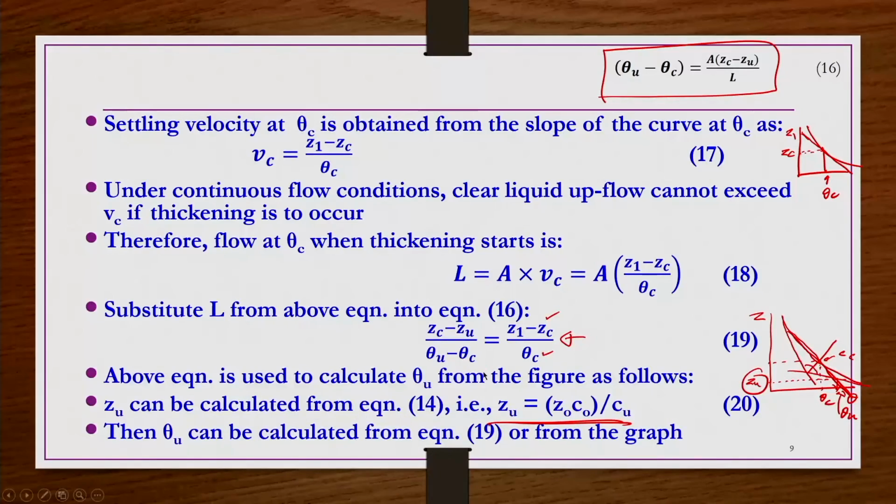In this equation Zc you already calculated, theta c you already calculated, and Z1 is nothing but the intercept of the tangent at theta equals theta c, which is also known. So Zu you calculate from here and substitute here. Theta c is also known, only unknown is theta u.